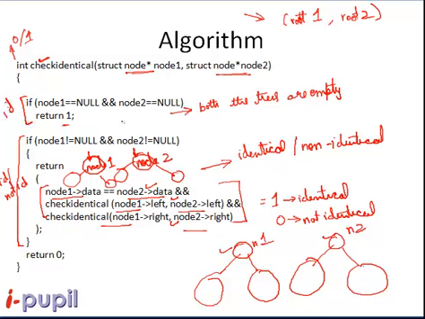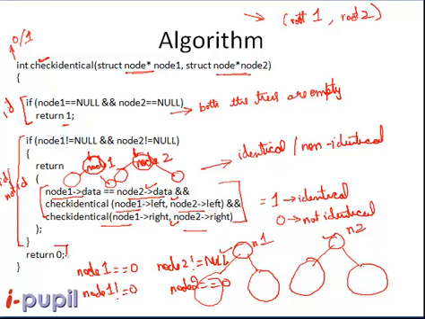But what happens if node 1 is equal to null and node 2 is not equal to null, or node 1 is not equal to null and node 2 turns out to be equal to null?